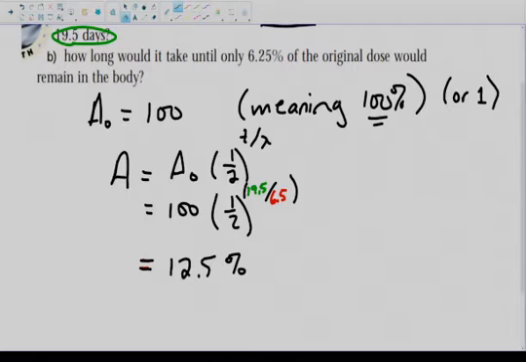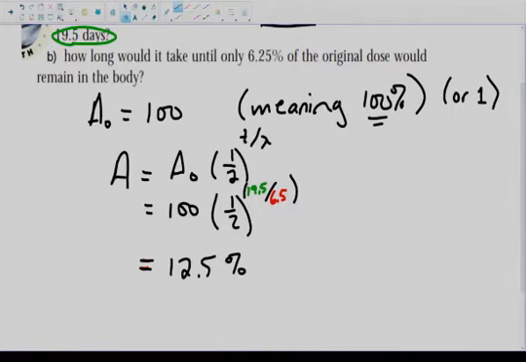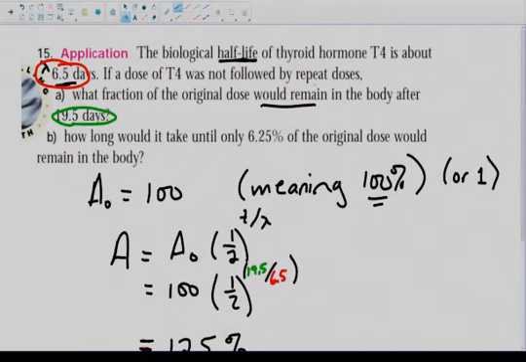There's 12.5% left from the 100% that we started with. And like I said, I'm hoping that you're starting to see that if you can understand why this is 1/2, and why do we have a lambda? We have a lambda because the change is not happening every hour, or every day in this case, it's happening every 6.5 days. We will see some examples where this will just be a 1, but these are the harder ones. So if you can understand the harder ones, the easier ones should be easy.